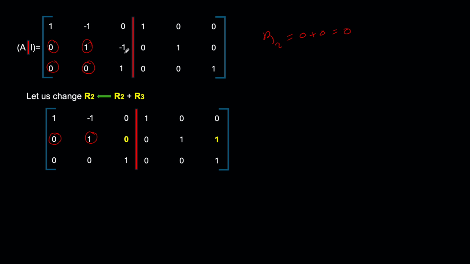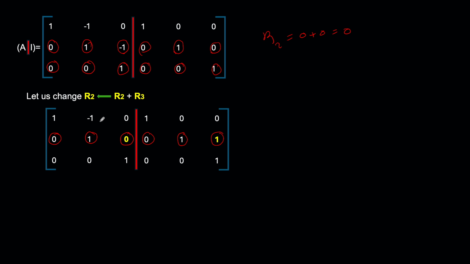Then -1 plus 1 is equal to 0. That's why we get 0 here. Then 0 plus 0 is 0. Then 1 plus 0 is equal to 1, and finally 0 plus 1, that's why we get 1 here.